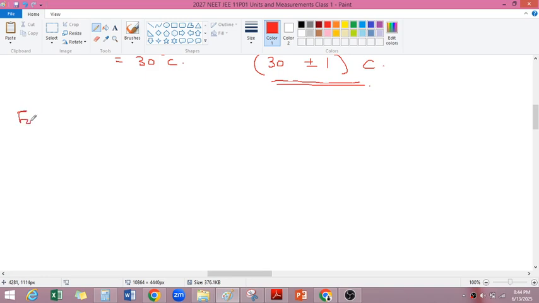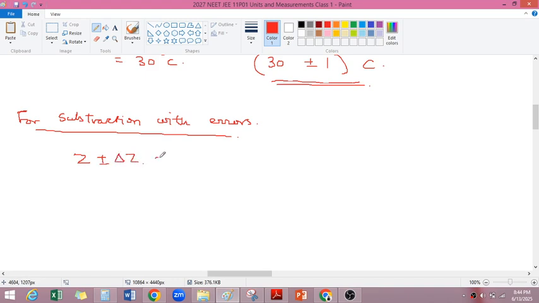So for subtraction with errors, z plus or minus delta z is equal to a plus or minus delta a minus b plus or minus delta b.